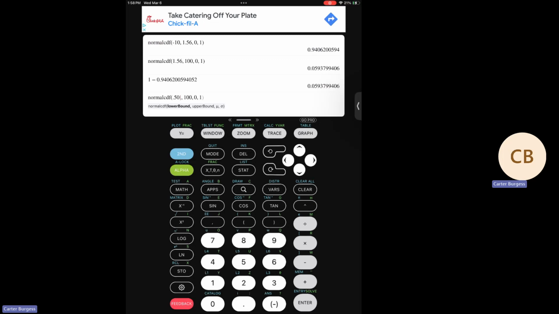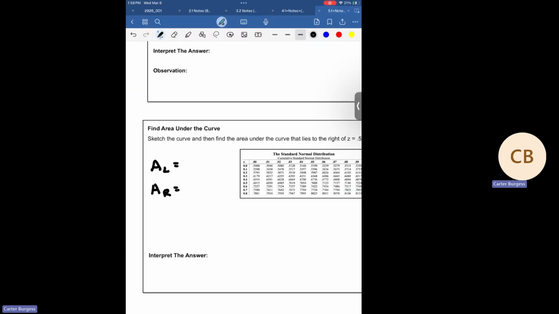Standard mean, standard deviation. I get about 0.3085. So that's our area to the right, or in other words, the probability that our z-score is greater than 0.5. To the right of means greater than, so about a 30.85% chance.